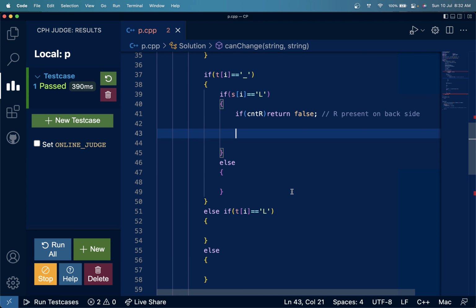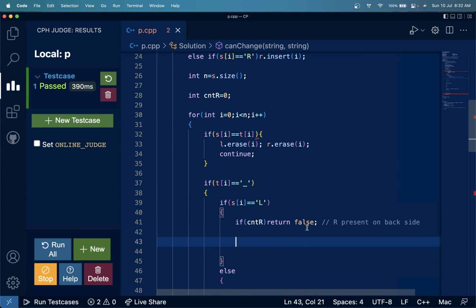I have to check the first upcoming index. S of I is L. How is it possible? The S of I plus one. If it's L here, then we have not shifted to the left side, so we have to just return false. If it slides, we can.